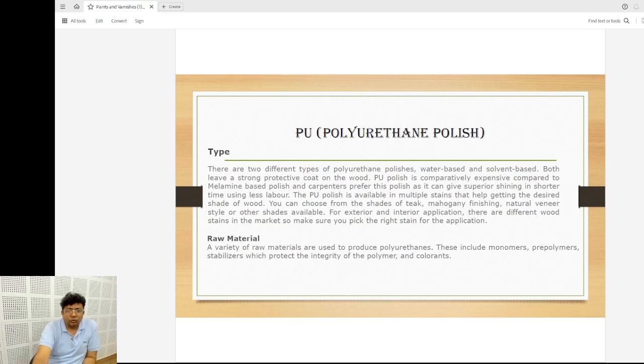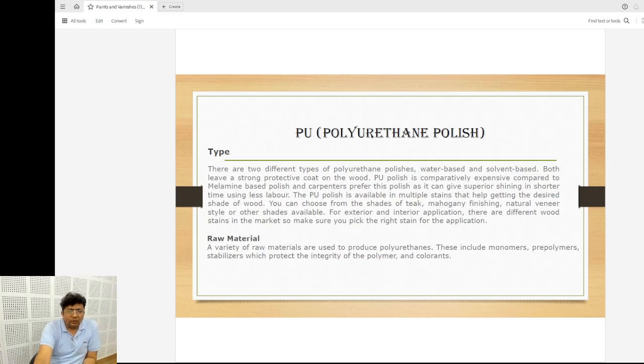You can choose from the shades of teak, mahogany, natural veneer style, or other shades available, to give you the desired color of the furniture. Different types of stains are available for exterior and interior applications, so make sure you pick the right stains for the application.